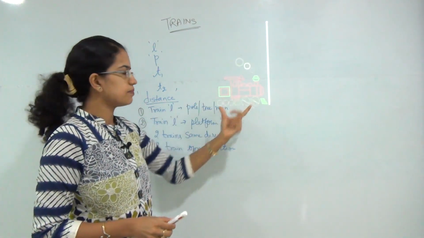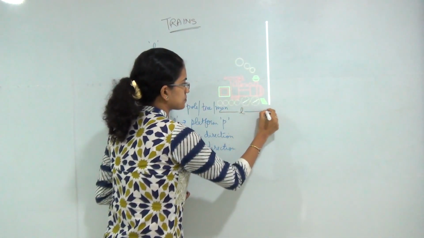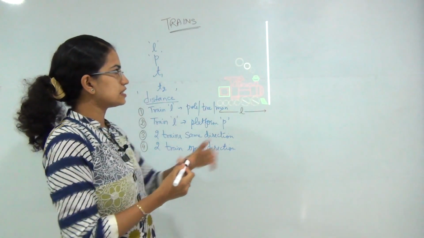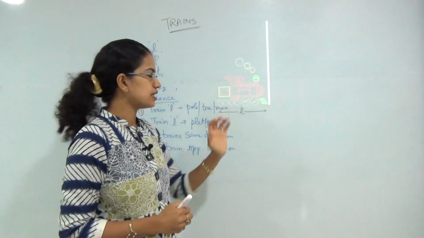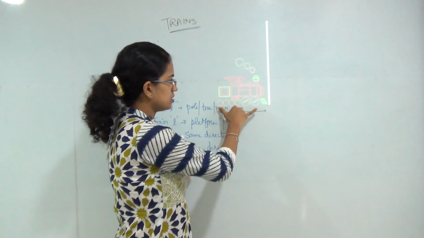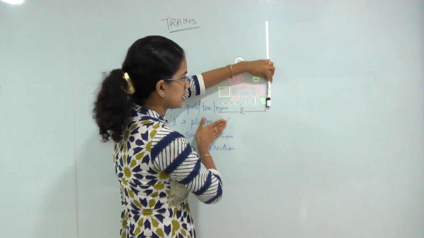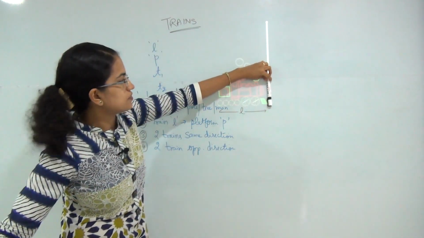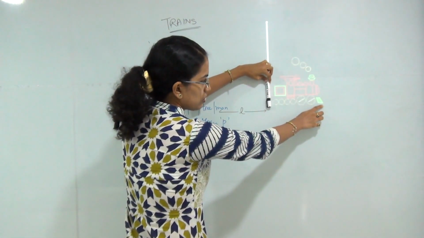Now to start with, let's take the first case, that is a train of length L. As we can see in the picture here, this is a train of length L. It's crossing a stationary pole. It can be pole, it can be tree, it can be a man standing there. Now what is happening? As we can see in the first figure, this is the length of the train, this is the pole. Now the train starts to move, and as we can see in the next picture, the train has crossed it.